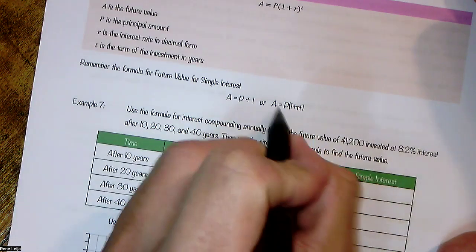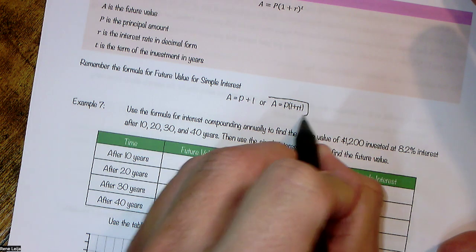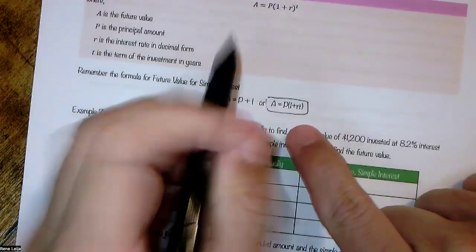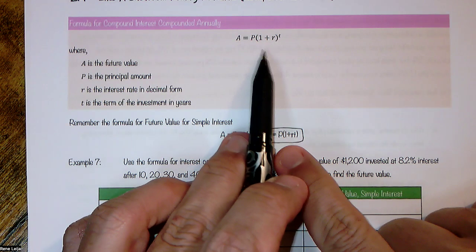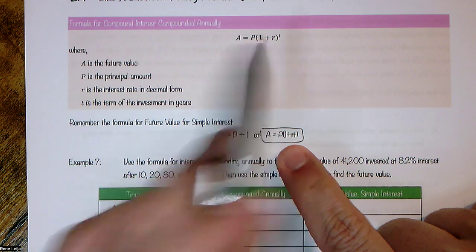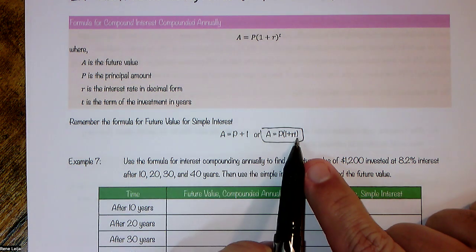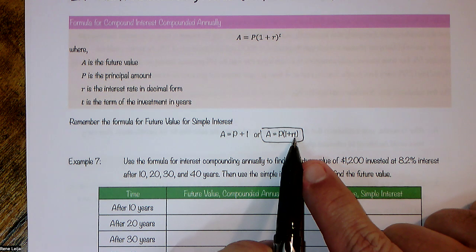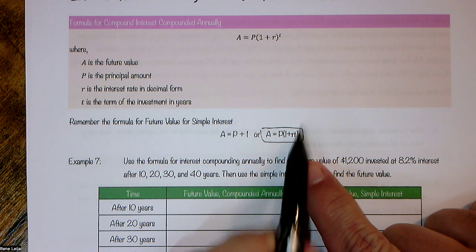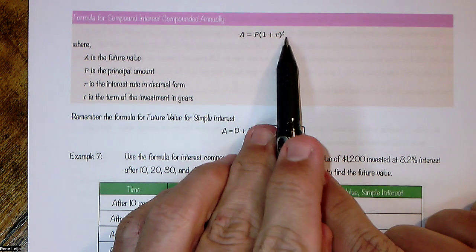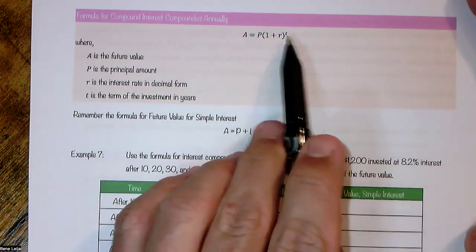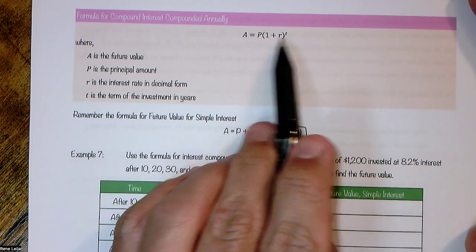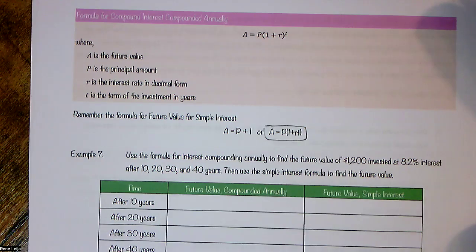So if you compare this formula to this one, you can see it's still A equals P times 1 plus R, but this is where it changes. For simple interest, you multiply the number of years times the rate. But for compound interest, notice that's where we raise your 1 plus R to that power, okay?